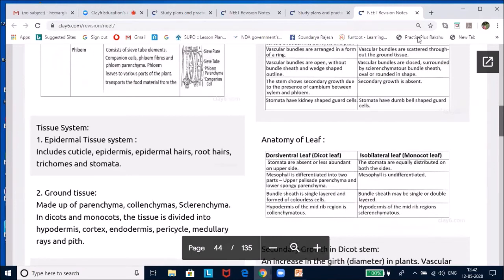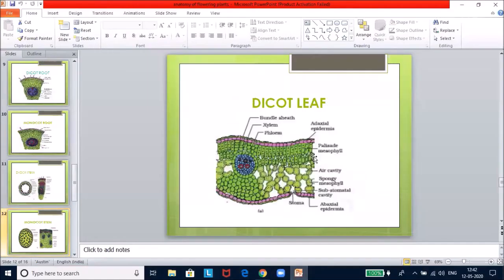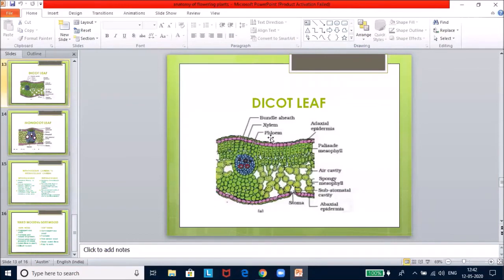Now let us look into the anatomy of a leaf. So this is the structure of a dicot leaf. Here also it is made up of an epidermis, the upper epidermis, which is called the adaxial epidermis, and the lower epidermis, which is called the abaxial epidermis. Now epidermis covers both the surfaces, upper surface and lower surface, with a conspicuous cuticle.